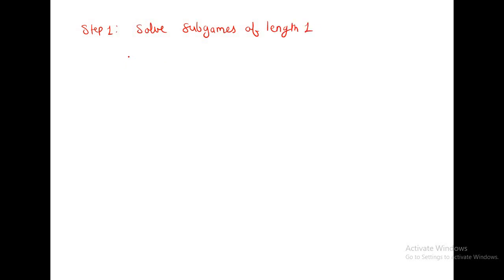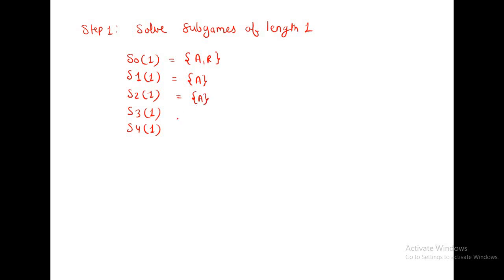We have five subgames, S01, S11, S21, S31 and S41. And what is the output of all these subgames? S01 output is accept and reject, both are optimal. In this case accepting is optimal, in this case accepting is optimal, again in this case accepting is optimal, and in this case also accepting is optimal, right?